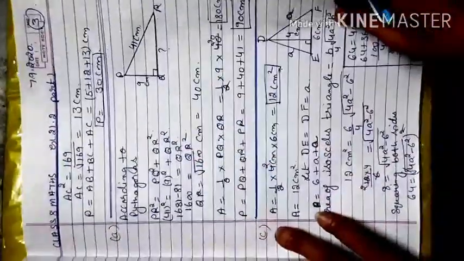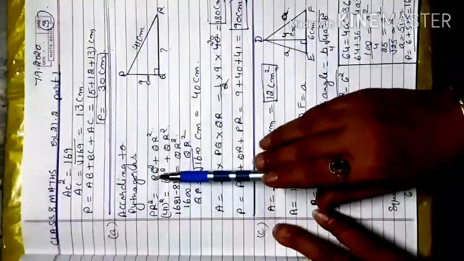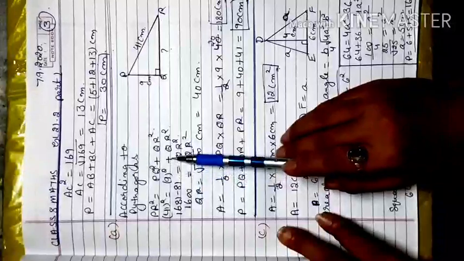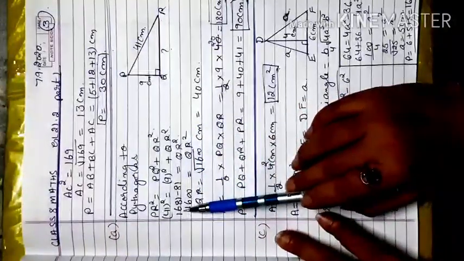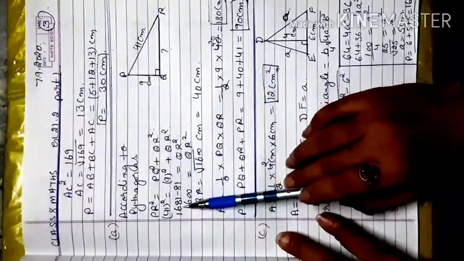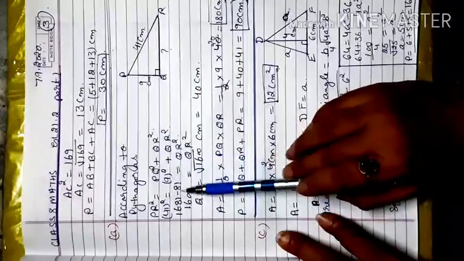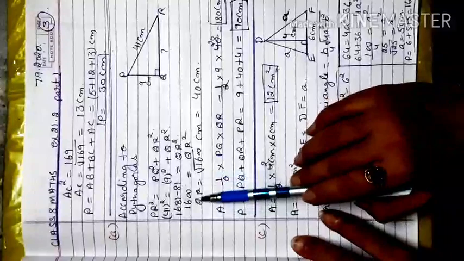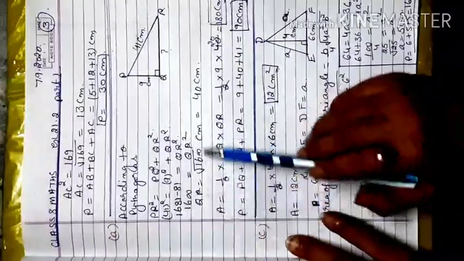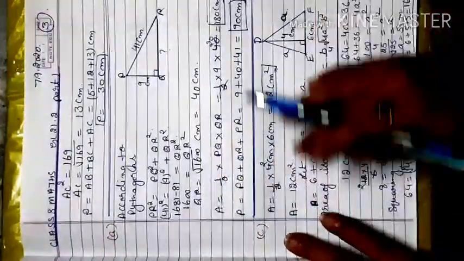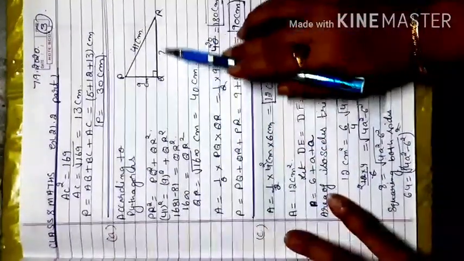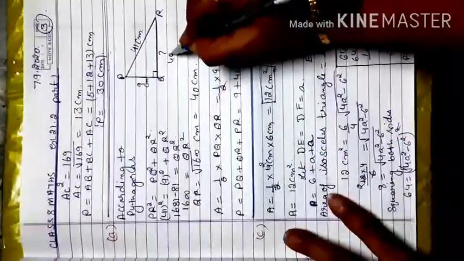So when I apply it here, 41 square is equal to 9 square plus QR square. 41 square is 1681, 9 square is 81, subtracted from 1681 when moved to the other side gives me 1600, QR square. When taking the square root on both sides, the square root of 1600 is equal to 40 centimeter.